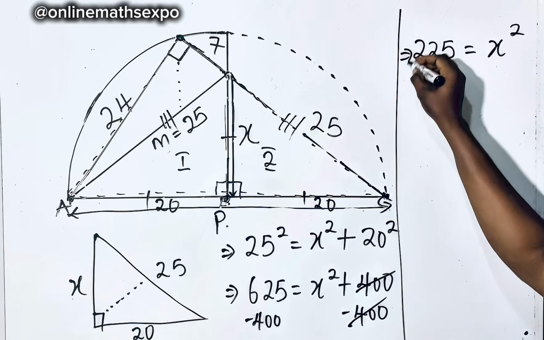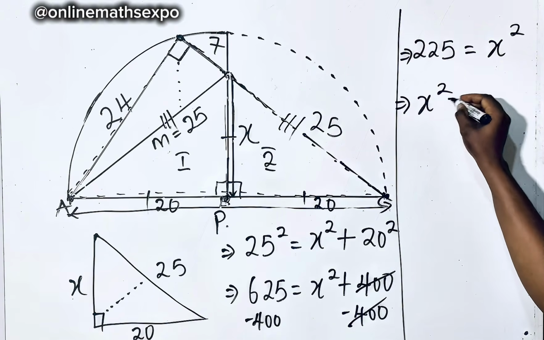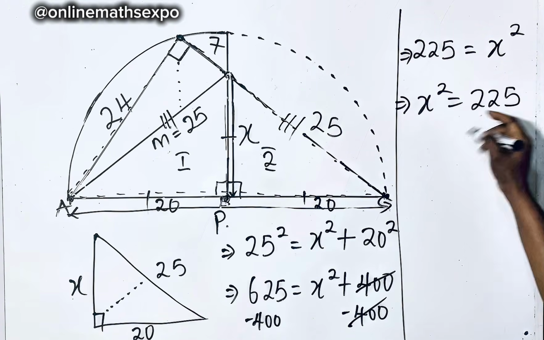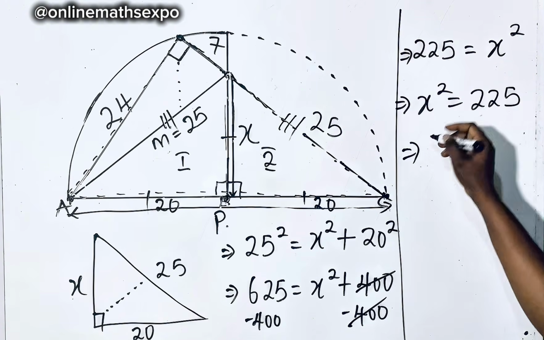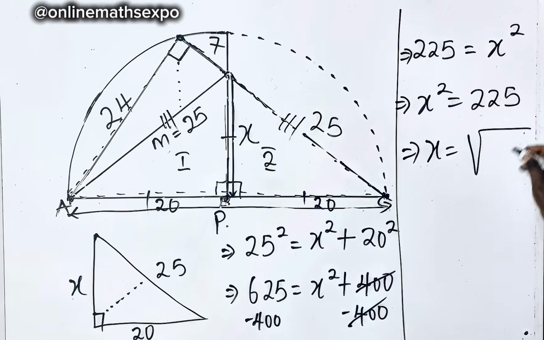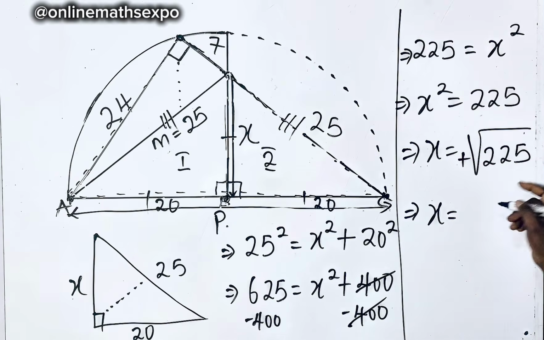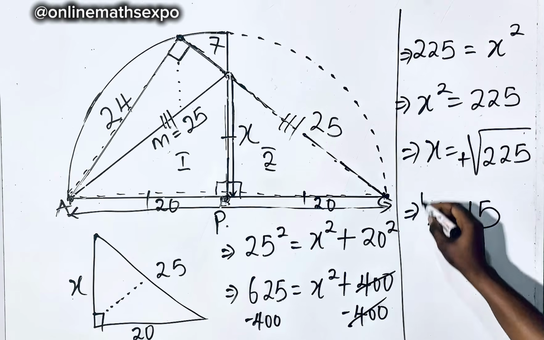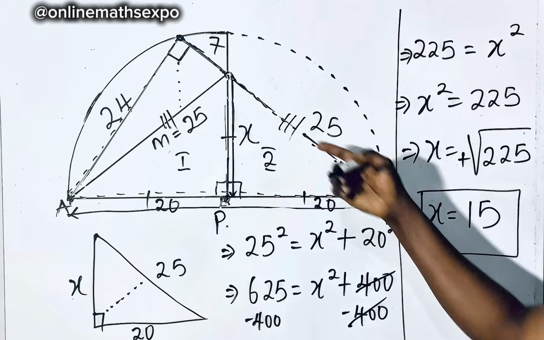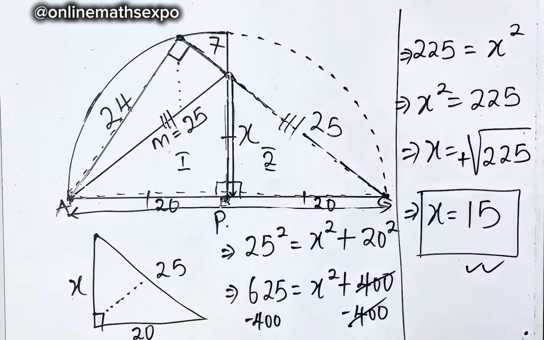So x squared is equal to 225. To get x, remove the square. X will be only the positive square root. So we have the square root of 225, which gives us 15. So the value of x in this geometry problem is 15 units.